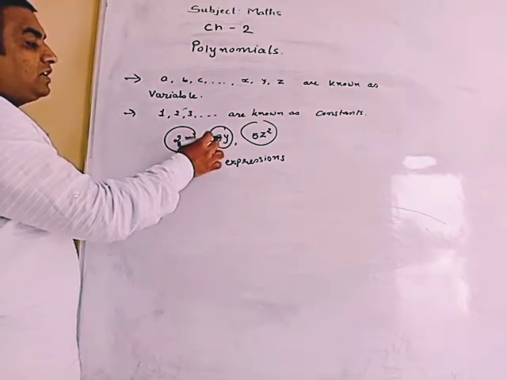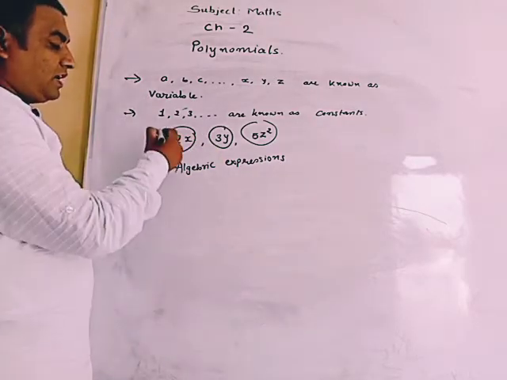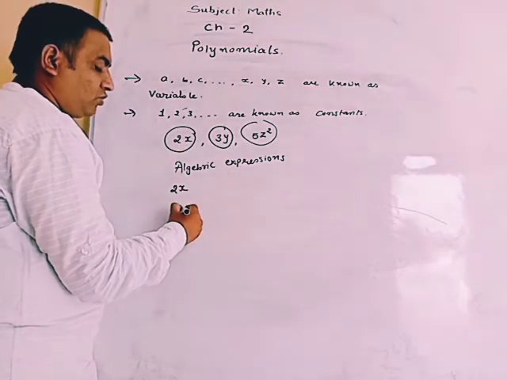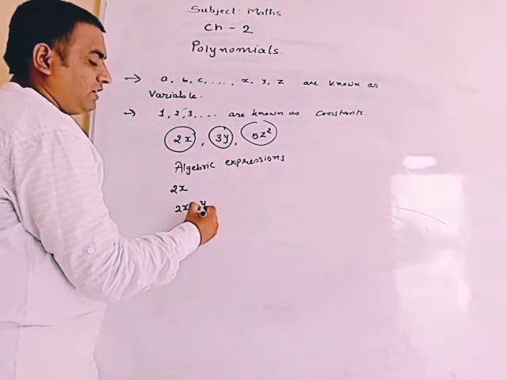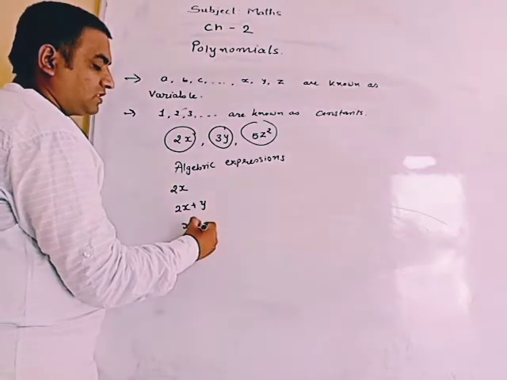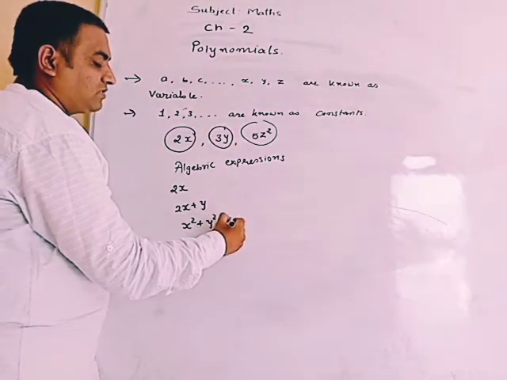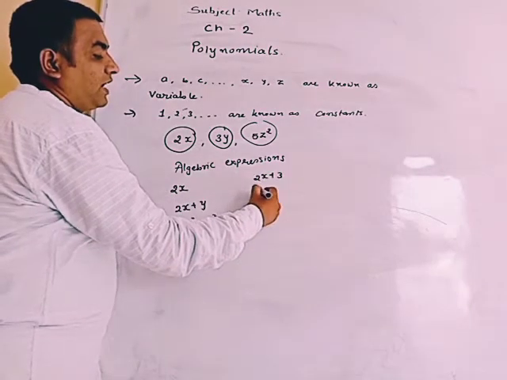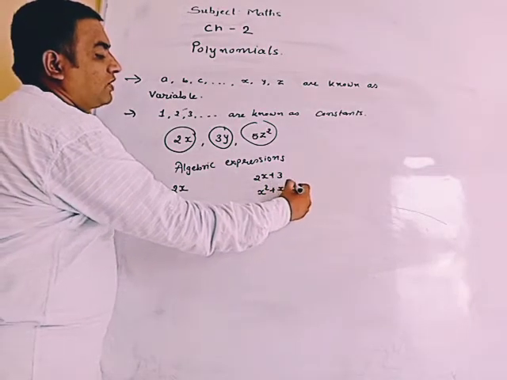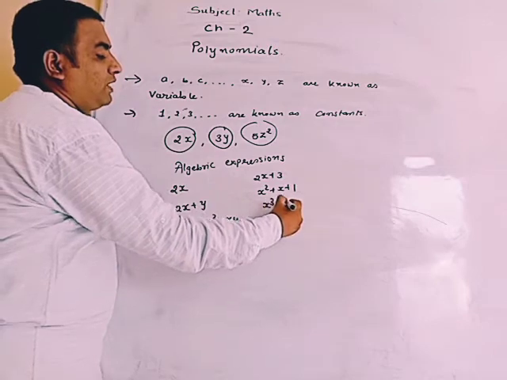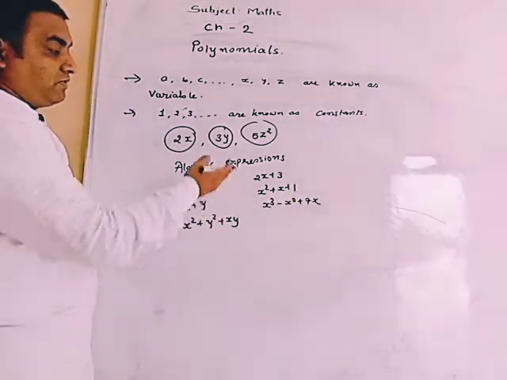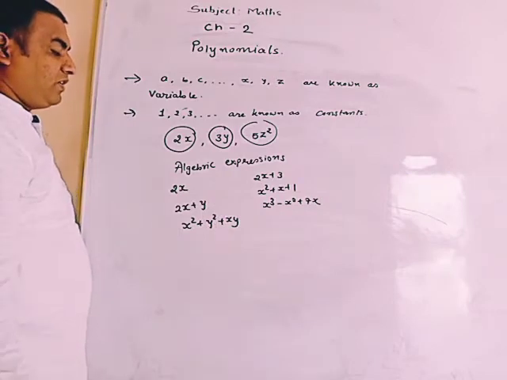We have studied so many types of algebraic expressions like 2x, 2x plus y, x square plus y square plus xy, 2x plus 3, x square plus x plus 1, x cube minus x square plus 7x. So like this so many algebraic expressions we have seen.